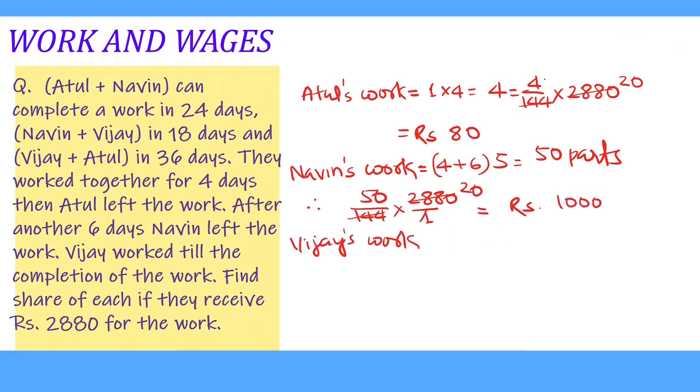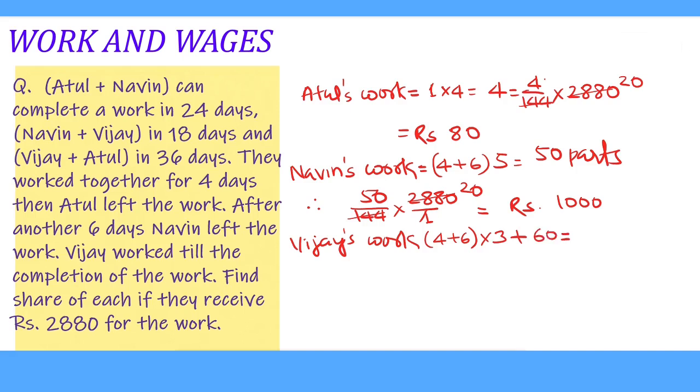And Vijay's work is, he initially worked for 4 days with all, plus 6 days with Naveen, and then he completed 60 parts alone. So 4 plus 6 is 10 multiplied by his capacity of working per day, which is 3 parts per day, plus he completed the remaining 60 parts.